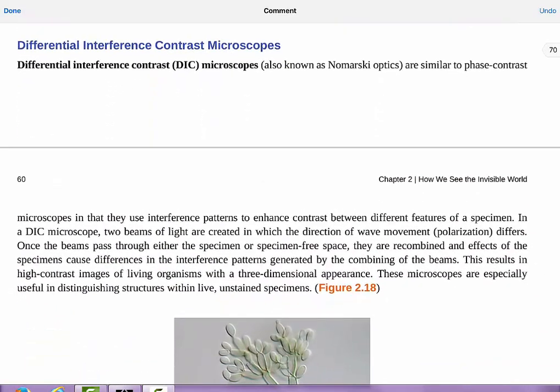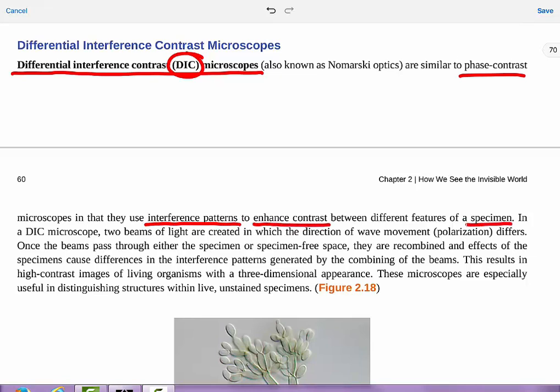All right, so the next one is our differential interference contrast microscopes. Here, DIC microscopes, or Nomarski optics, are similar to phase contrast microscopes in that they use interference patterns to enhance contrast between different features of a specimen.